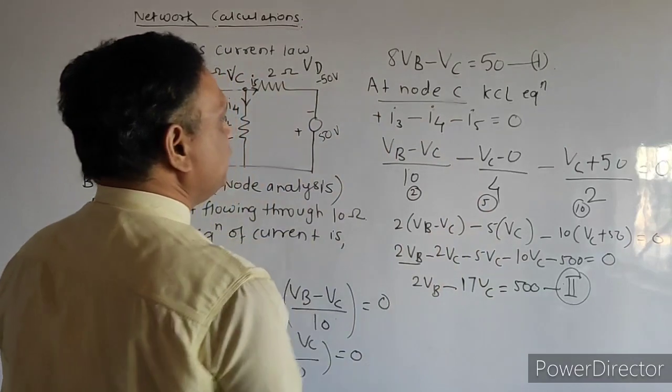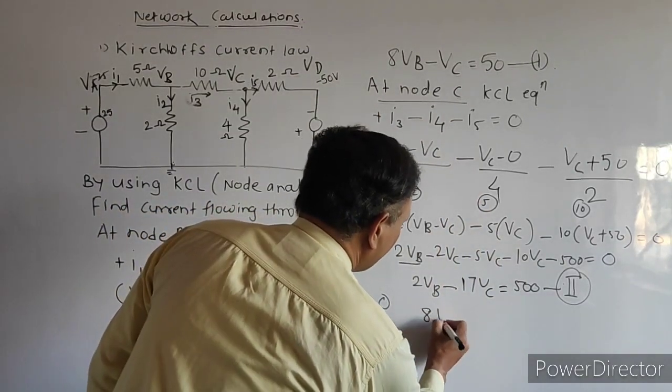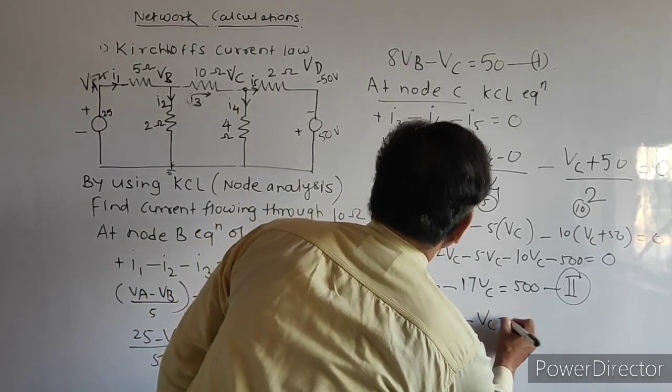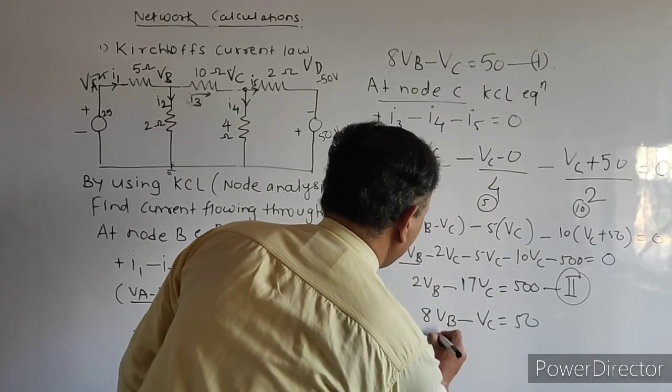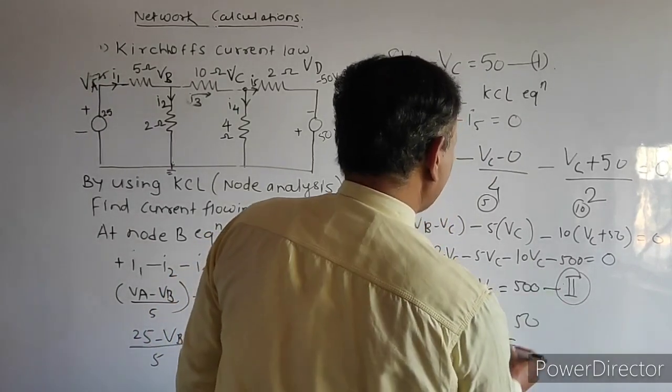Now I will solve equation number 1 and equation number 2 to get the value of VB and VC. So 8VB minus VC is equal to 50, and 2VB minus 17VC is equal to 500.